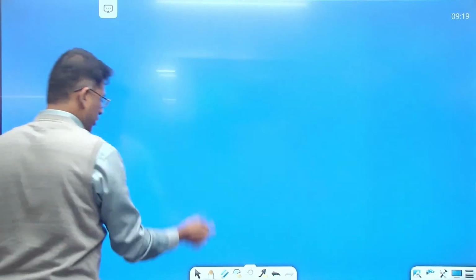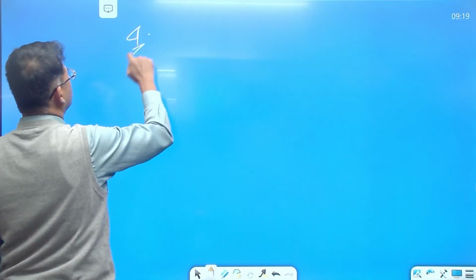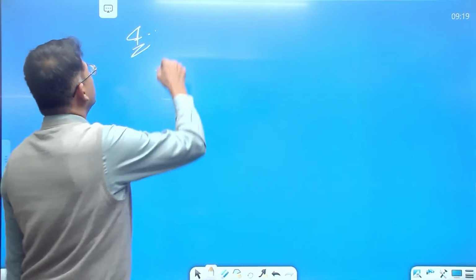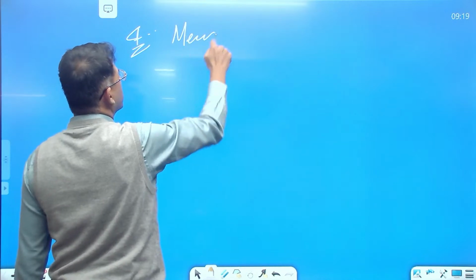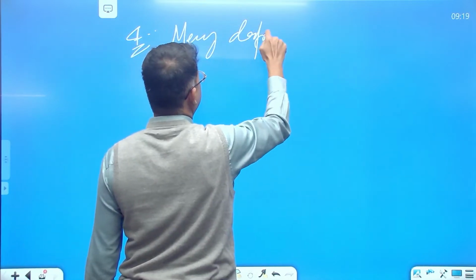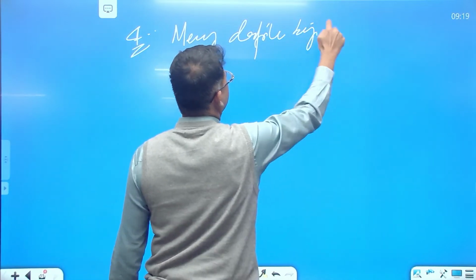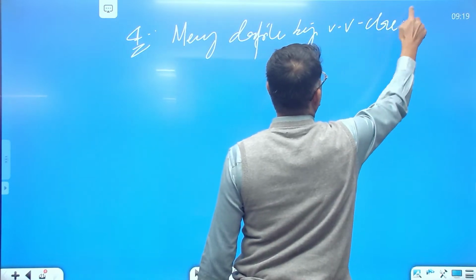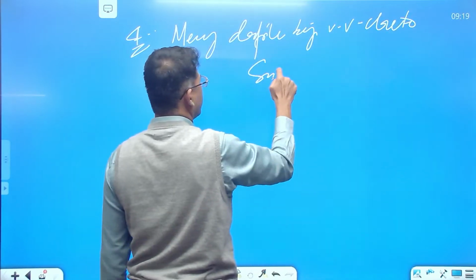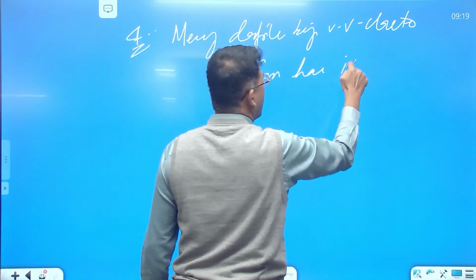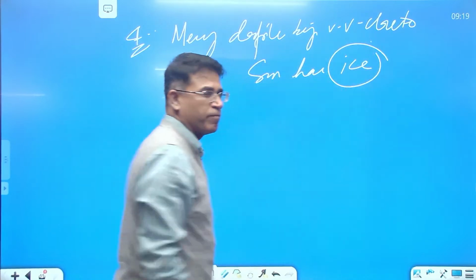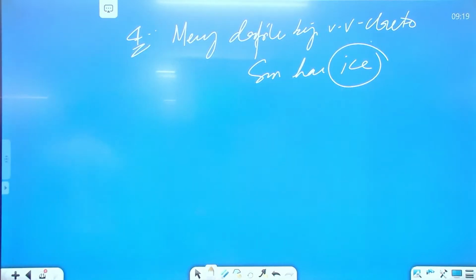So, this is a discovery. Mercury, despite being very, very close to the sun, has ice. This is a new discovery. I'll tell you what this means. Mercury, despite being very close to the sun, has ice.